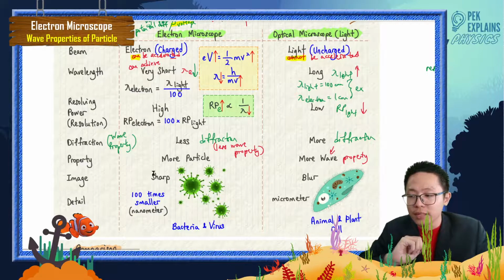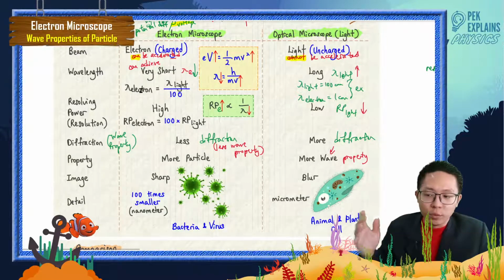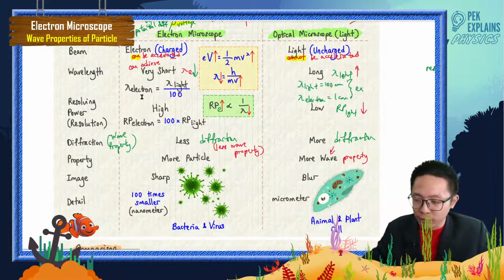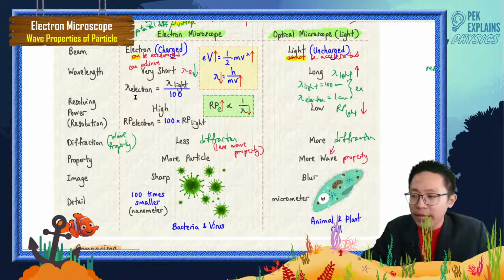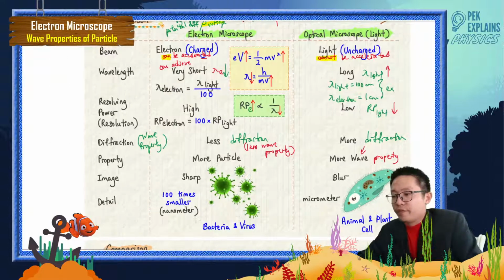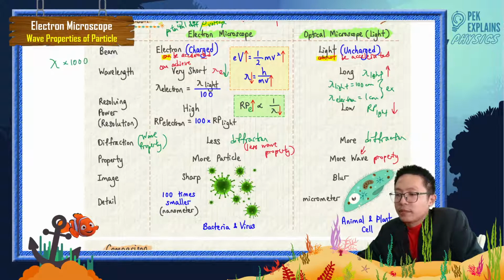That is what it means. Or I can say, going back to the wavelength, if the wavelength is 1,000 times shorter.